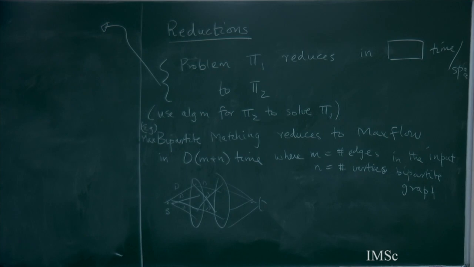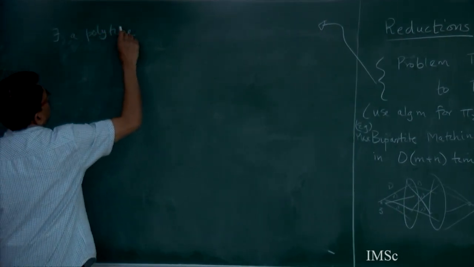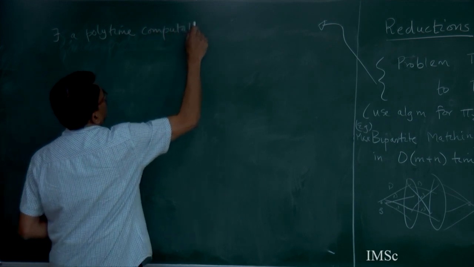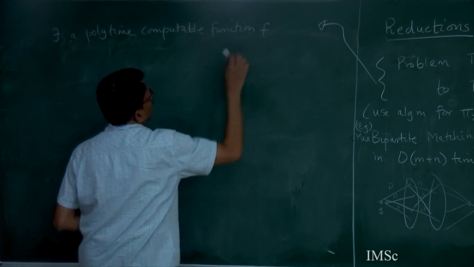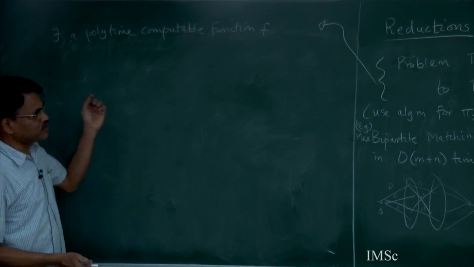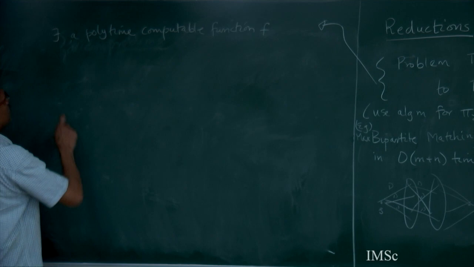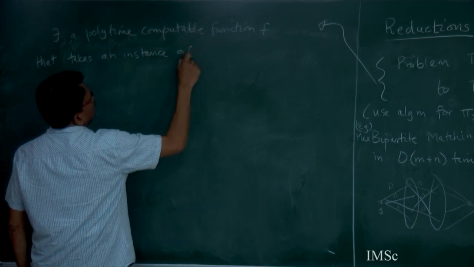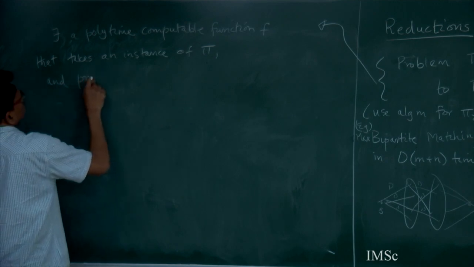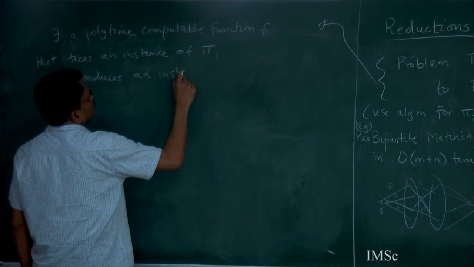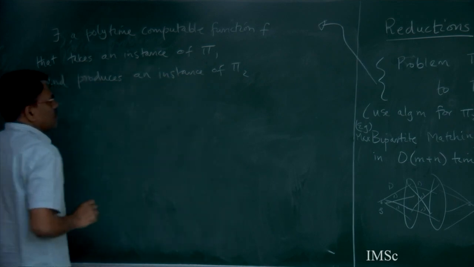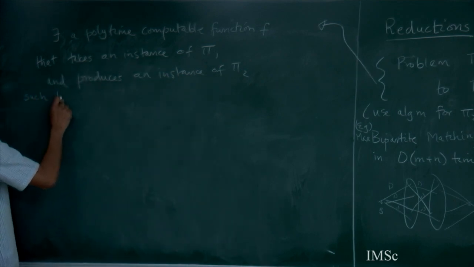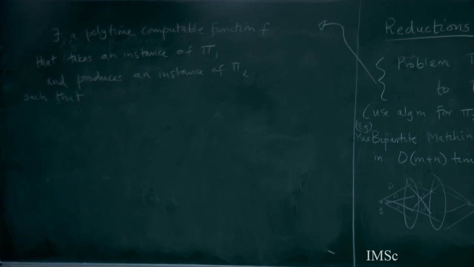The general definition is that there exists a polynomial time computable function f. If you are comfortable with Turing machines, think of it as a deterministic Turing machine f, which takes an instance of pi 1 and produces an instance of pi 2, such that I should be able to derive the answer after solving for the instance.